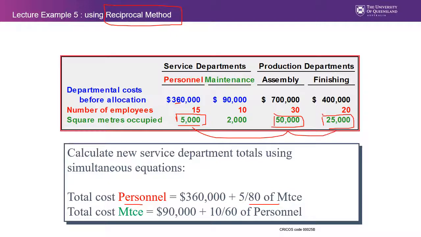So personnel costs are the 360,000 in personnel plus what maintenance provides to personnel. The total cost for maintenance is the 90,000 in maintenance plus what personnel provides to maintenance. So we use the number of personnel in each of these departments, and we know that maintenance uses 10/60ths of personnel costs.